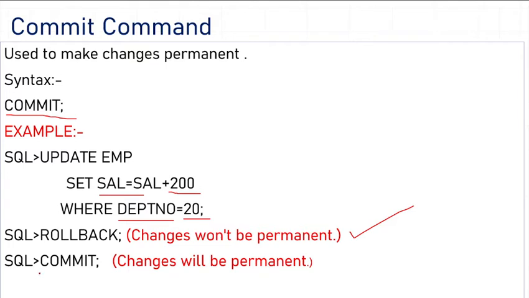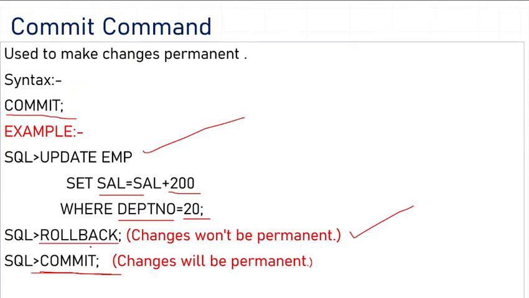But if we use commit after this update command, then all the changes which are done by the update command will be saved, will be permanent. And suppose if I run rollback after the commit command, there will be no effect of it.